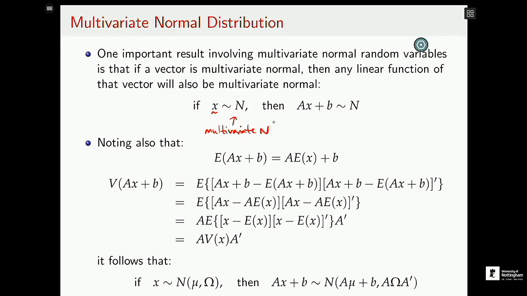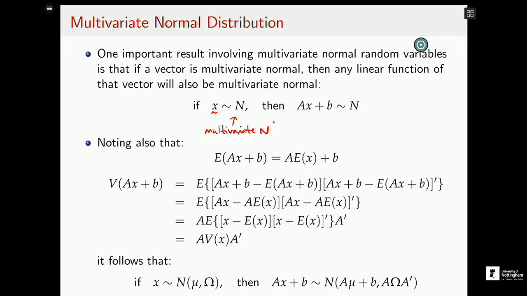You know from stuff you did last year, if you take linear combinations of things that are normally distributed, the outcome is also normally distributed. Okay? Adding up weighted averages of normals still gives you normals. And the same applies here. It's just in a vector context that we're looking at it, but it's the same principle.